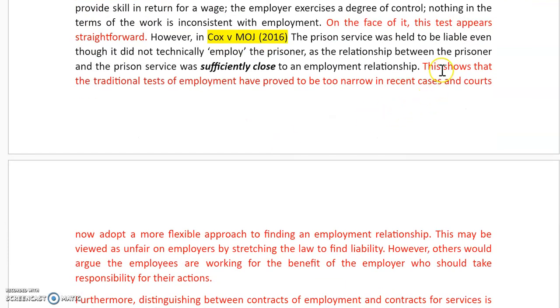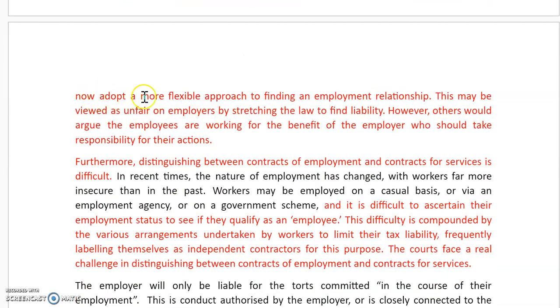So an evaluative comment here is that this is showing that the traditional tests of employment have proved to be too narrow in recent cases, and that the courts are now adopting a more flexible approach to finding an employment relationship. But you could argue that this may be unfair on employers because we're stretching the law in a way to find liability.